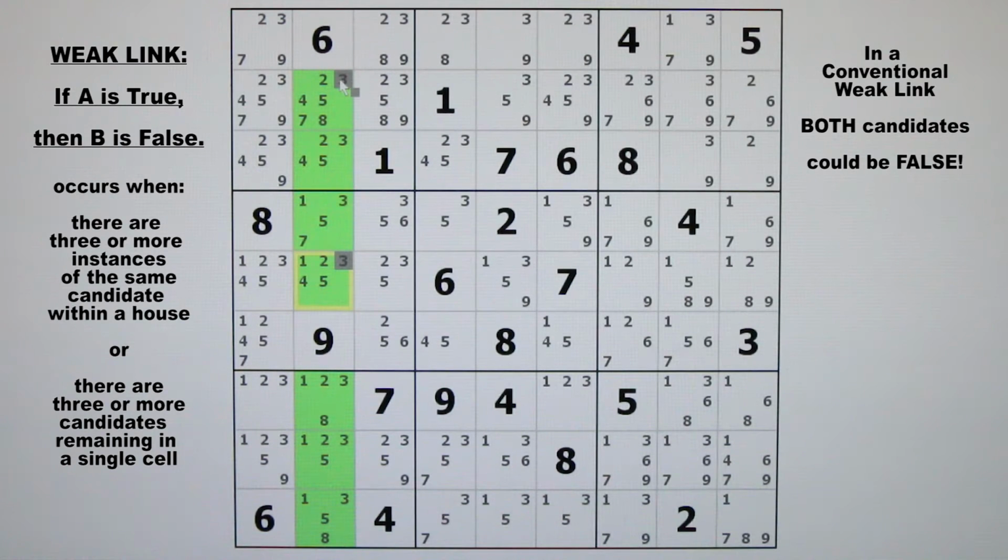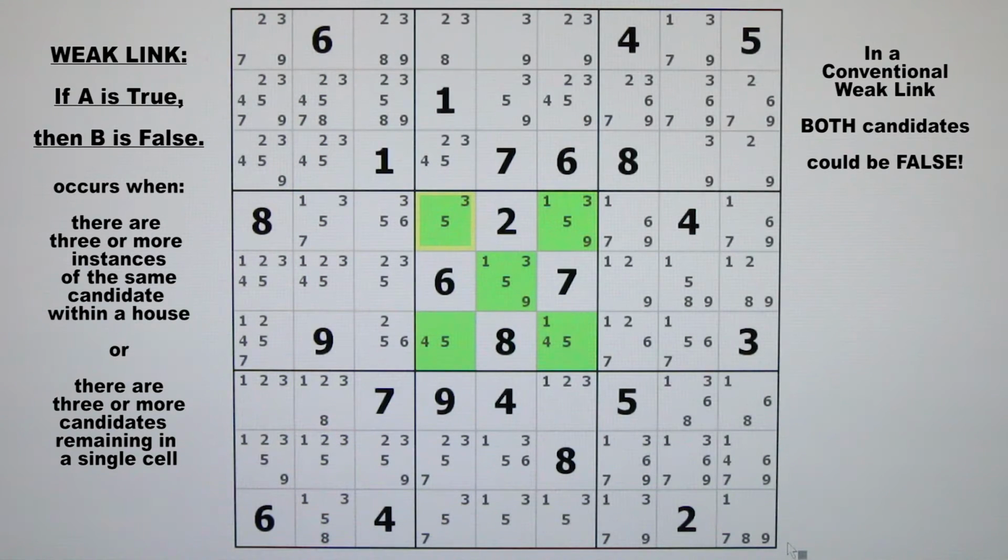Between this one and this one is a weak link. If this one is true, then this one is false. And if this one is true, then that one is false. And if this one is false, then we don't know anything about any of the others. And this is the case for any 2 of these candidate 3s. Between this one and this one is a weak link. And between this one and this one is a weak link.